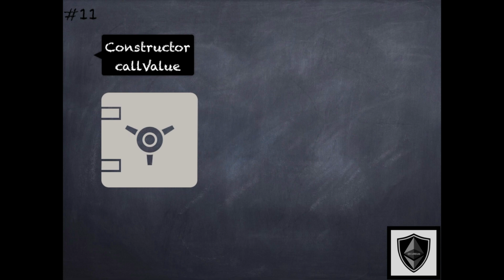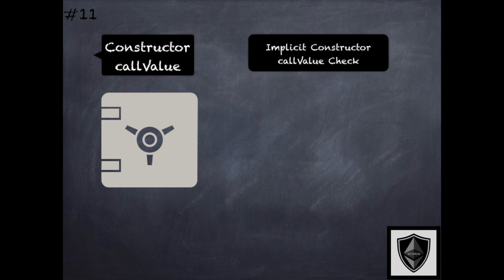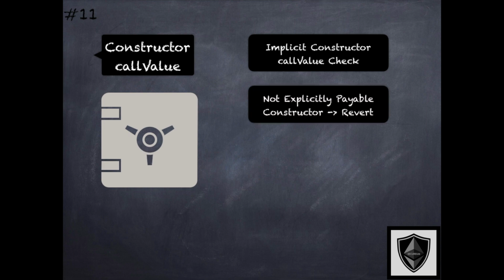This security pitfall is related to constructors and the checks for any value sent in contract creation transactions triggering those constructors. Typically, if a constructor is not explicitly payable and there is value, ether, that is sent in a contract create transaction that triggers such a constructor, then the constructor reverts that transaction.